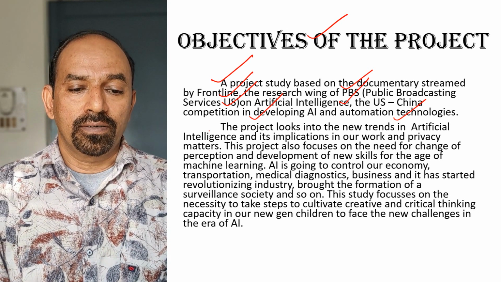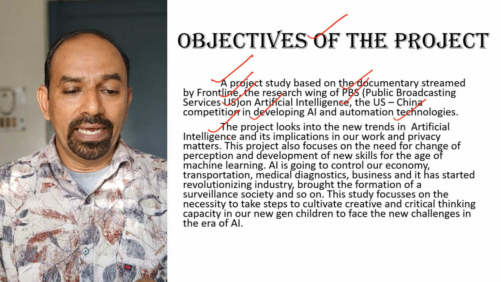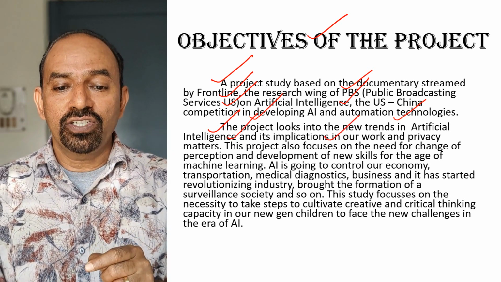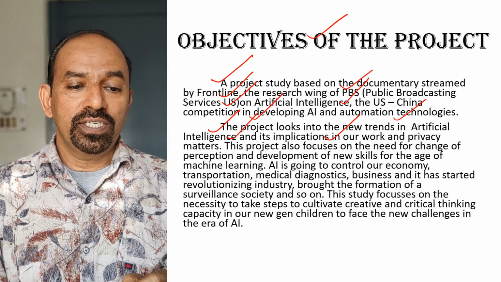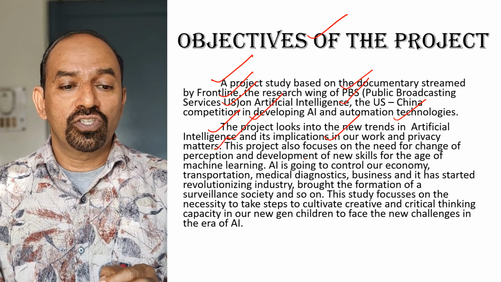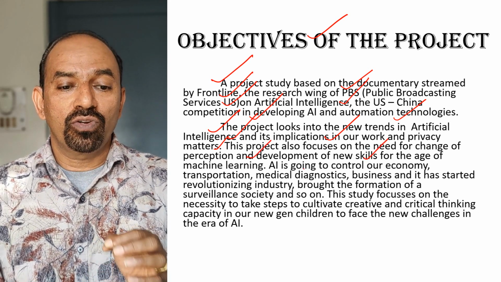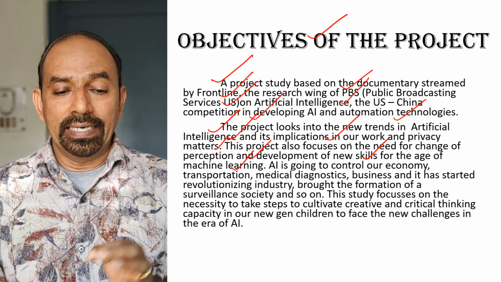Look at the next. The project looks into new trends in artificial intelligence and its implications in our work and privacy matters. This project also focuses on the need for change of perception and development of new skills for the age of machine learning.